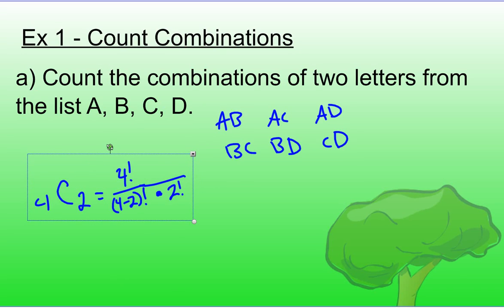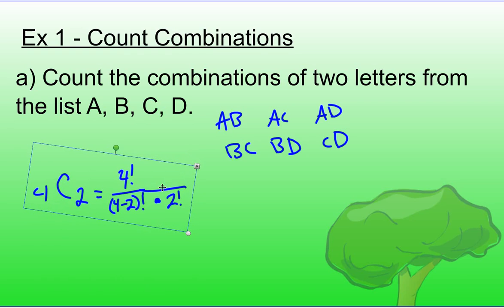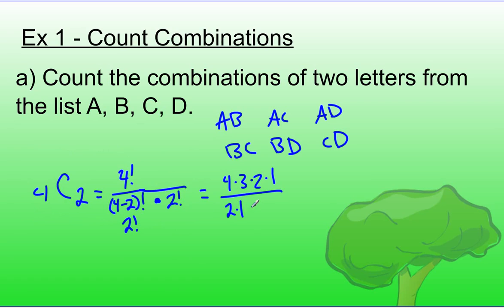So this would be equal to 4 times 3 times 2 times 1 over this 4 minus 2, which is just 2 factorial, times another 2 factorial.